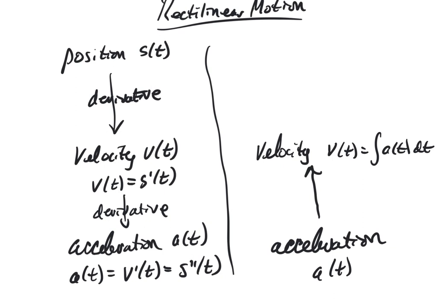And of course, if we can move from acceleration to velocity, we can also move from velocity back up to position. And so we usually will say the position then is going to be the integral of velocity.